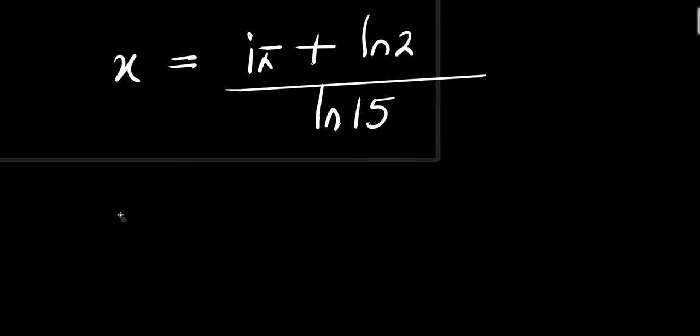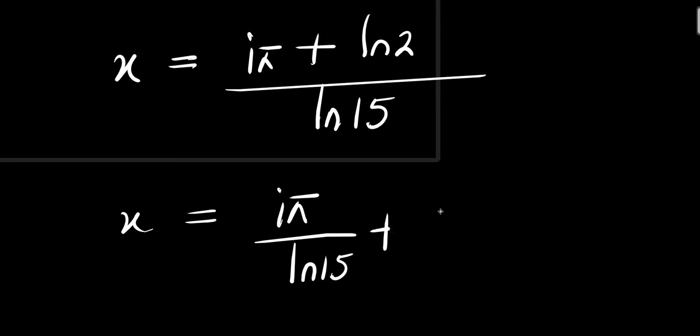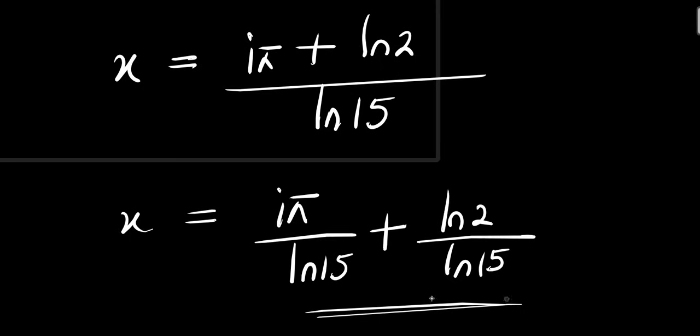So from here, we have x equals i times pi divided by natural log 15 plus natural log 2 divided by natural log 15. So this is our answer.